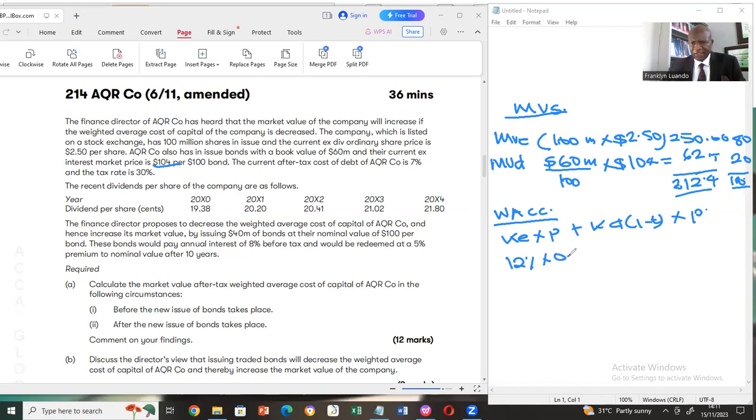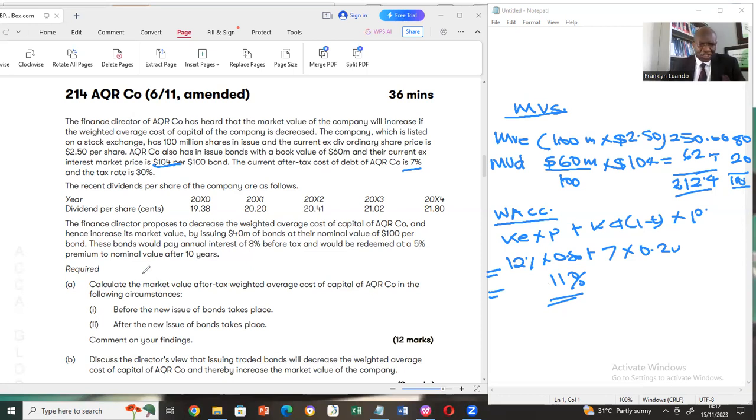The proportion here is 0.8, that is 80%, plus the cost of debt is already 7%, and it's after tax, so you ignore the t. 7 multiplied by 0.2. Therefore, the WACC total here is 11%. So before the issue of a new debt, the weighted average cost of capital is 11%.